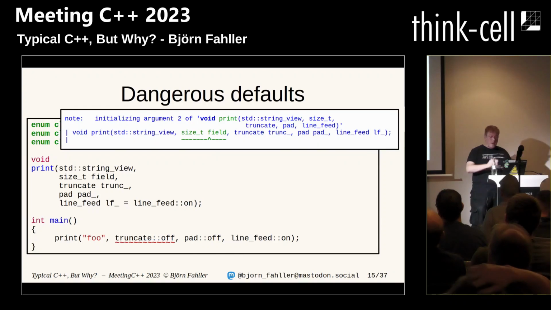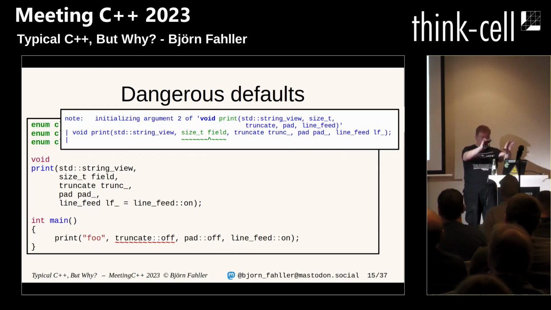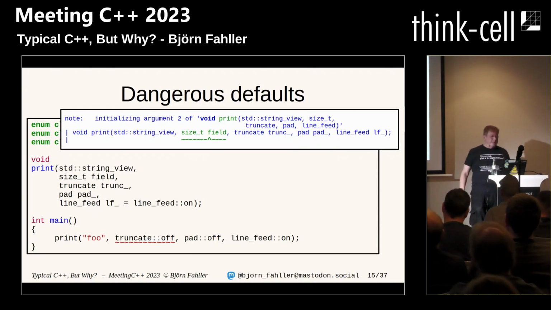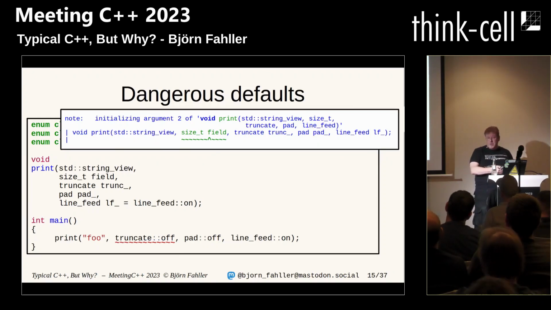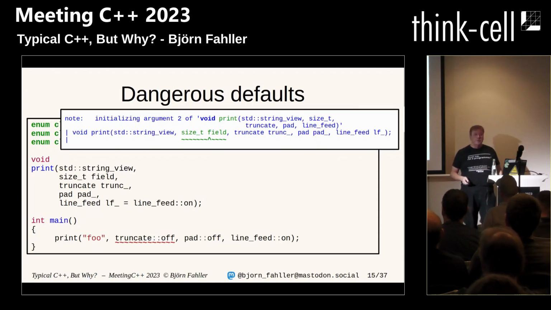The compiler just says, I have no idea what to do here. You have to fix your program. This is but one example of how you do it. Another example would be to also make the field size a type of its own that isn't convertible from bool. And probably you should do both.